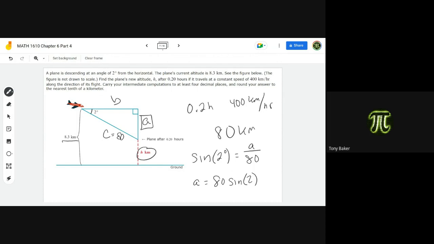The nice thing about word problems is the answer should make sense. So if for some reason you screwed this up, the only ways you could possibly have screwed it up would be to have used cosine or divided instead of multiplying.